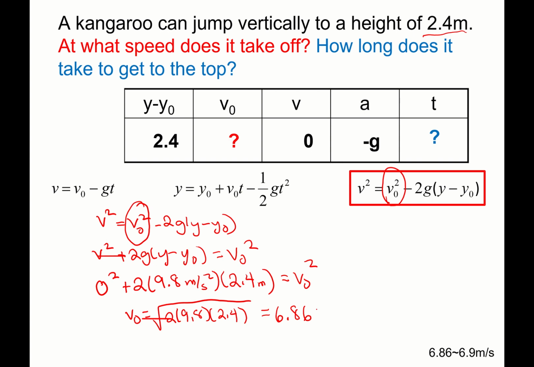That's two significant figures, so we're going to round that to 6.9. What are the units? Well, I've got meters per second squared times meters, so that's meters squared per second squared. Take the square root of that, and you get meters per second. So the final number for the speed at which it took off is 6.9 meters per second.